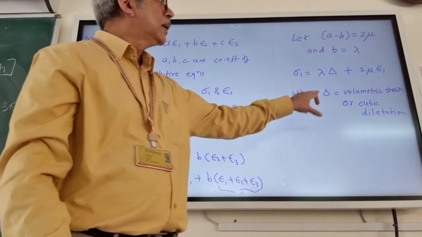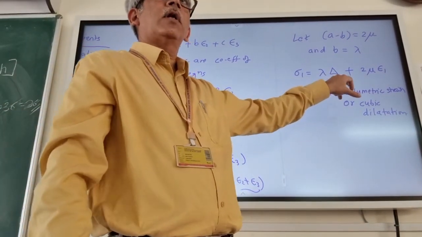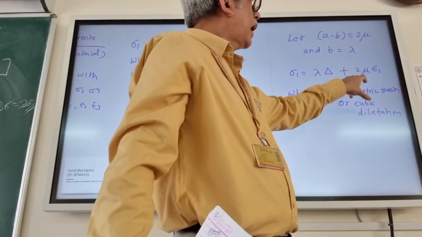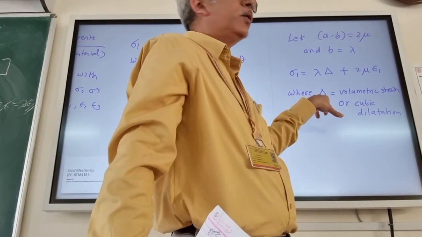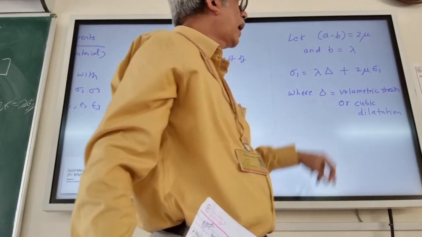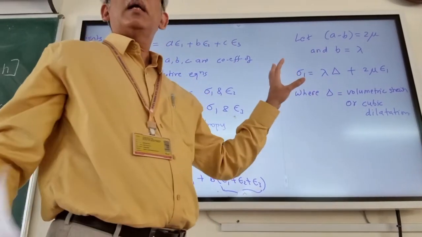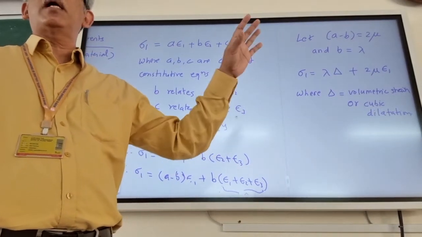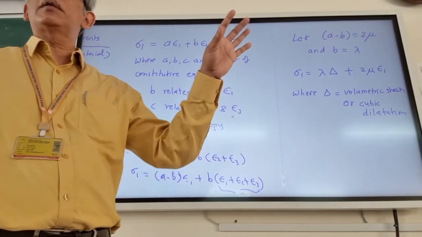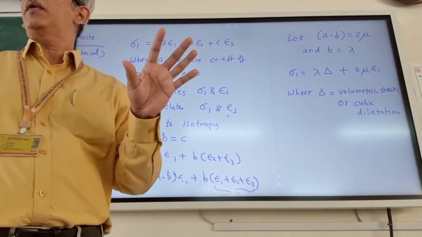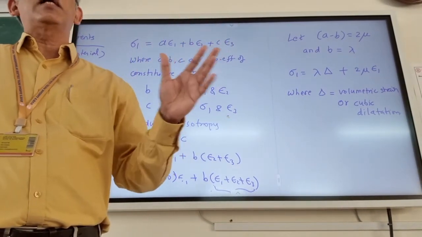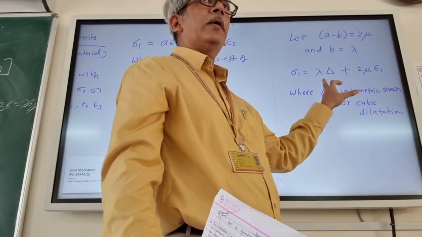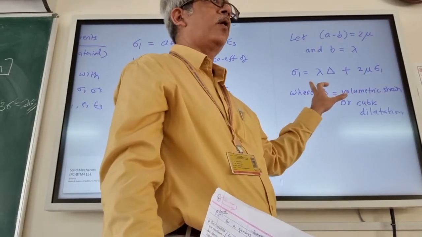So this delta is volumetric strain, which is also termed as the cubic dilatation. So that value can be used in this particular calculation. What we have done is nothing new. It is just, rather than writing in terms of modulus of elasticity and Poisson's ratio and modulus of rigidity, which is the common way of representing the relation between stress and strain, here we have introduced 2 new parameters which are known as the Lamè's coefficients.